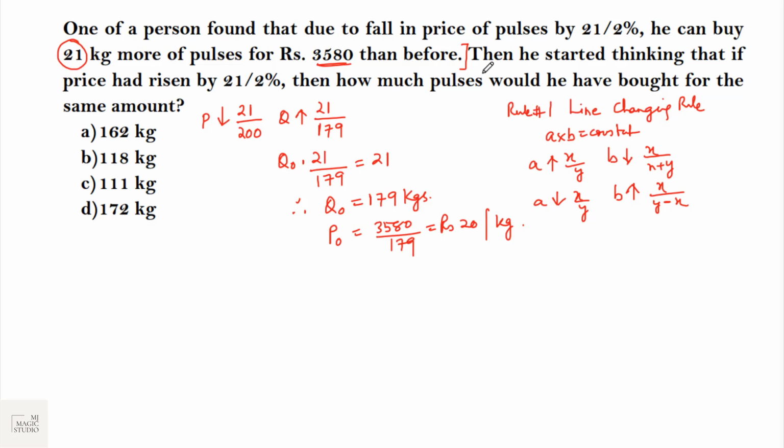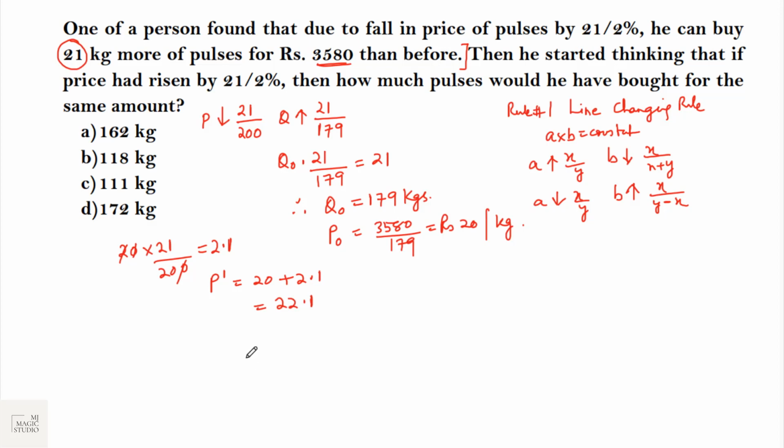Done. Then he started thinking that if the price had risen by 21 by 2% instead of falling, then 20 into 21 by 2% is how much? That is 2.1. That means the new price is 20 plus 2.1, that is 22.1.